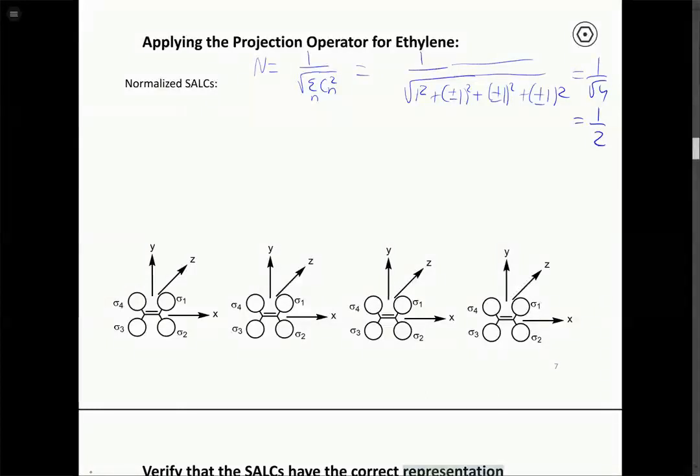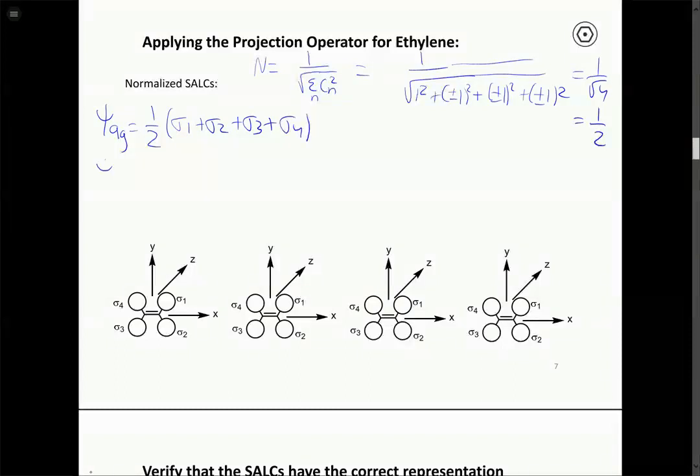And so if we write these out, then finally, we usually, again, use lowercase psi to abbreviate SALCs, and then lowercase Mulliken symbols as well. We get, for the totally symmetric A1, 1/2 times sigma 1 plus sigma 2 plus sigma 3 plus sigma 4.